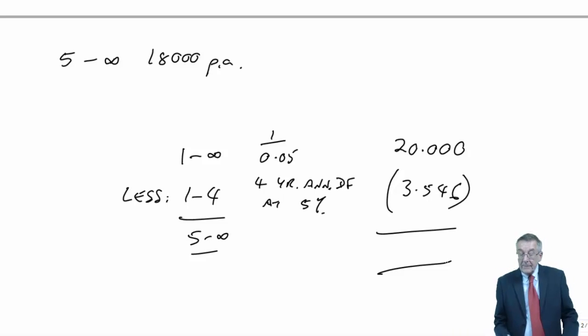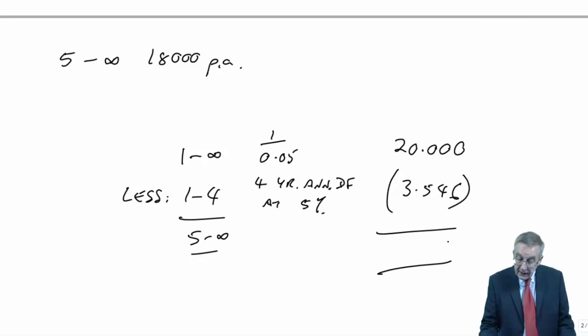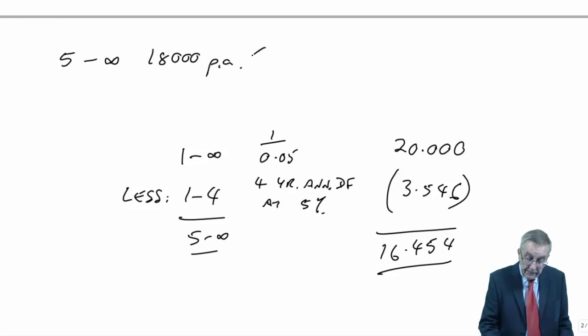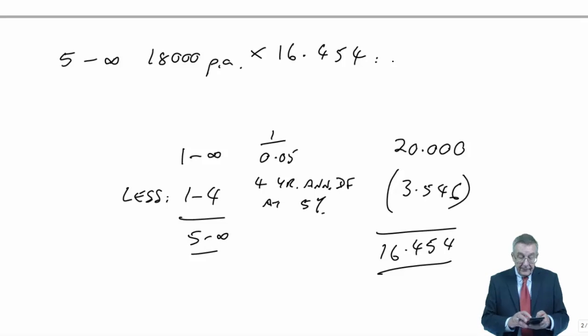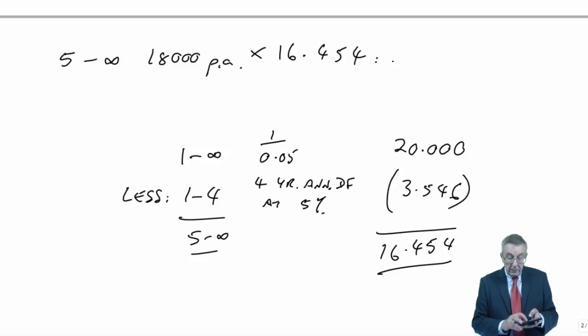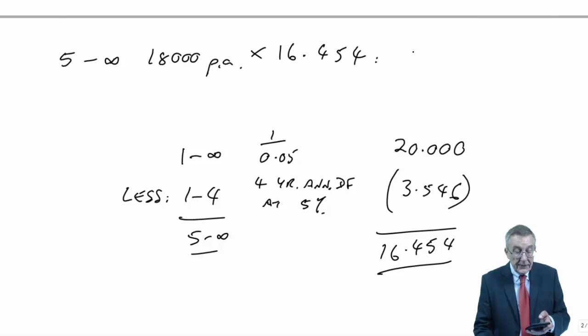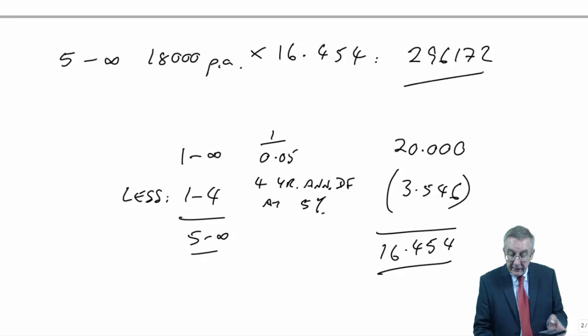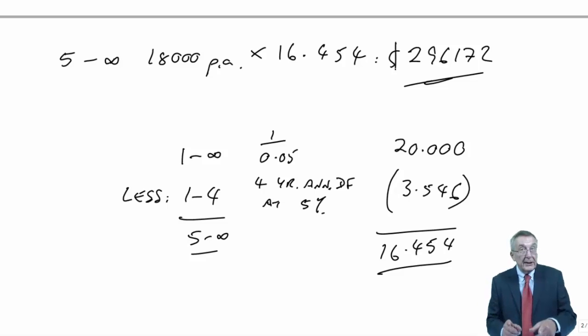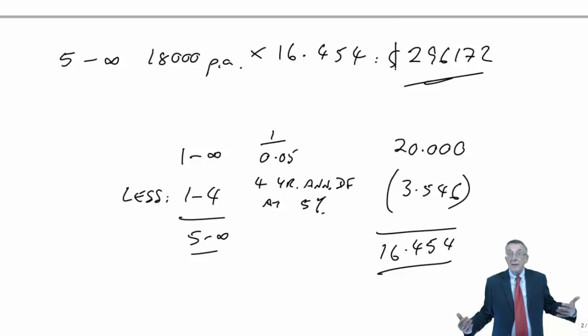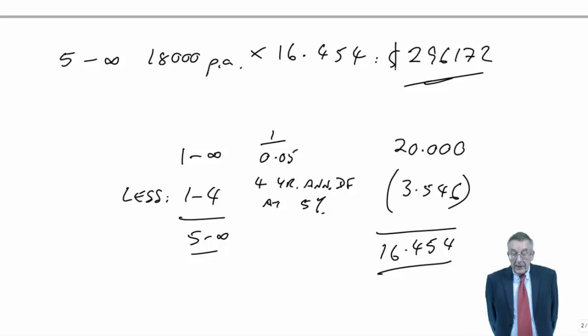If I subtract that, the factor to apply for 5 to infinity is 16.454. And therefore the present value, 18,000 times 16.454 is 296,172. There we are. Obviously that's the present value. You know, if I've told you the costs, subtract the costs, get the NPV, make the decision. But just that little thing to watch for. Good.